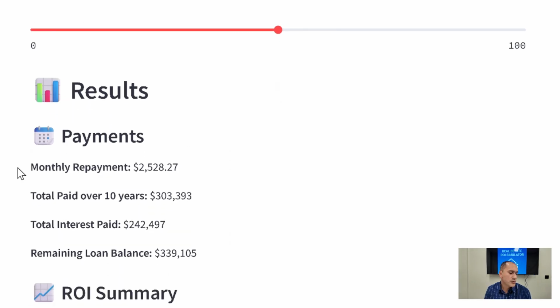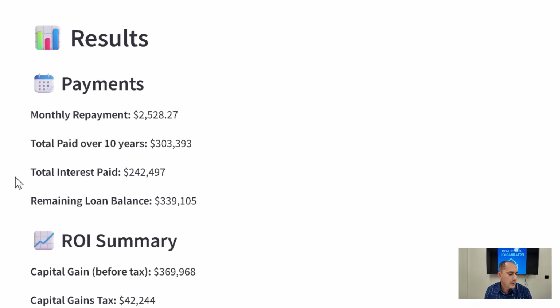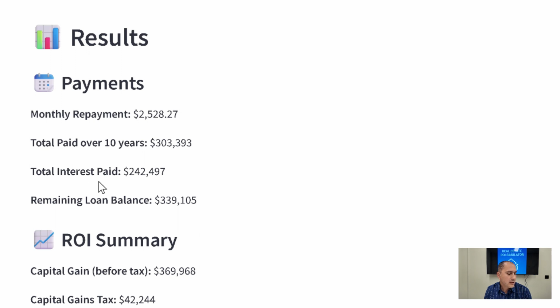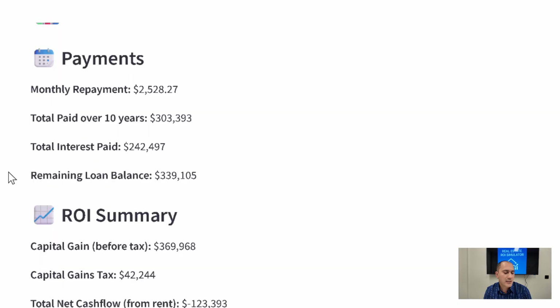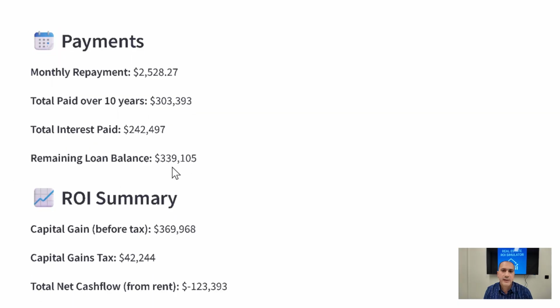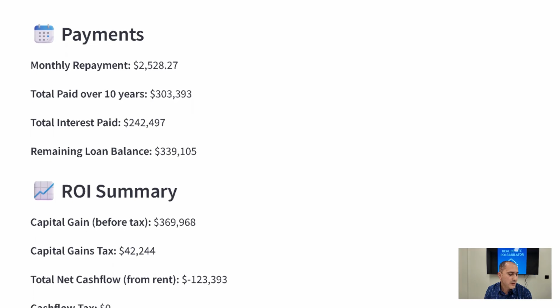So the first part shows the payment, such as monthly repayment that the buyer is supposed to pay back the loan, and total interest paid after 10 years, and also remaining loan balance after 10 years. But now let's have a look at the more interesting part, return summary.